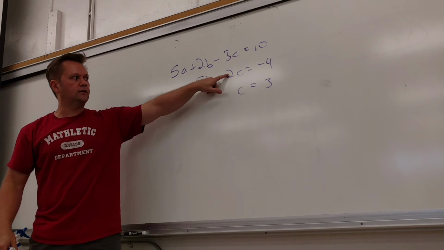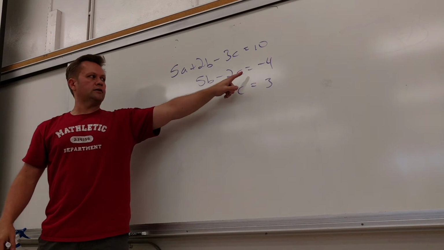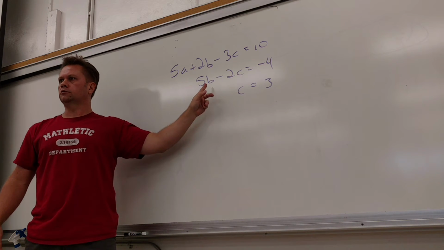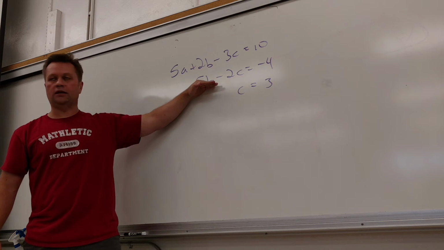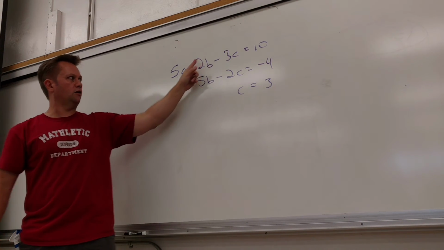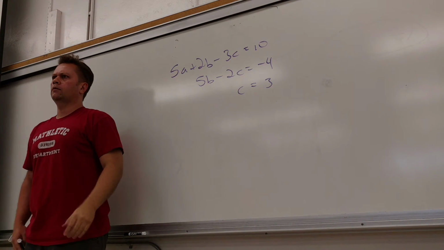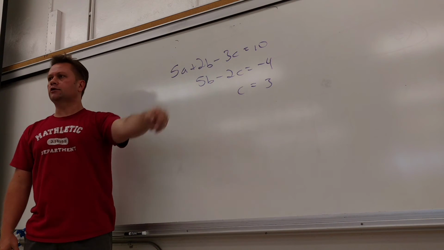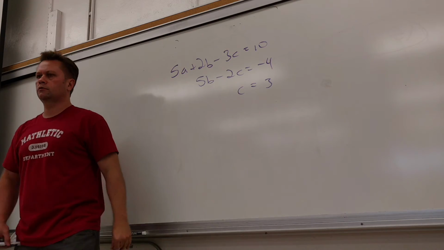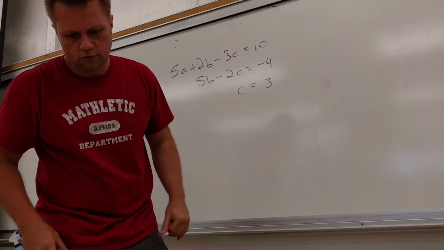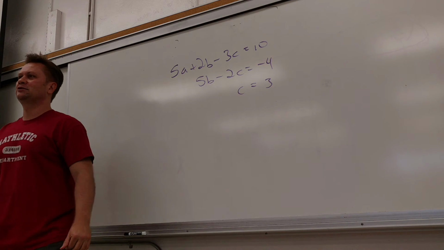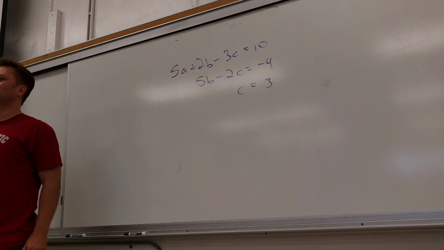Now I can just fall back to this equation, replace this C with 3, solve for B. And then I'll know B and C. I can replace B and C and solve for A. I know, it just came out really ugly, so I don't know if it's the right way. Oh yeah, you're going to get fractions. B is 2/5, right? 2/5, and then A is 3.64. 91/25. Sure. What is it? 91/25.